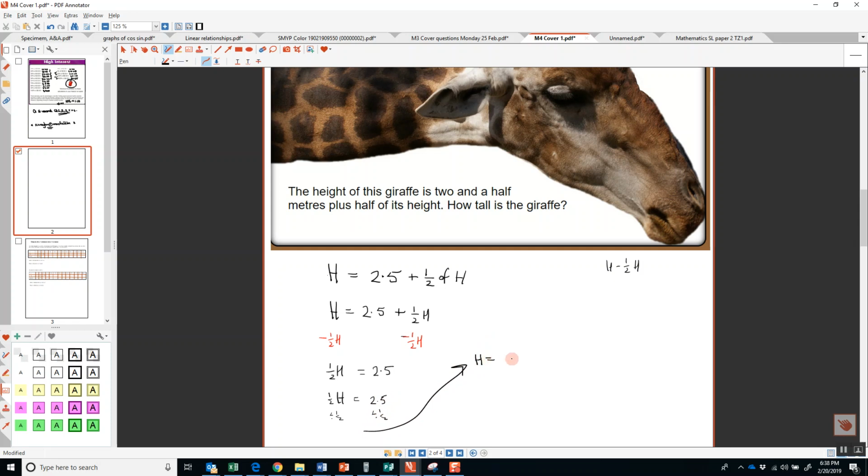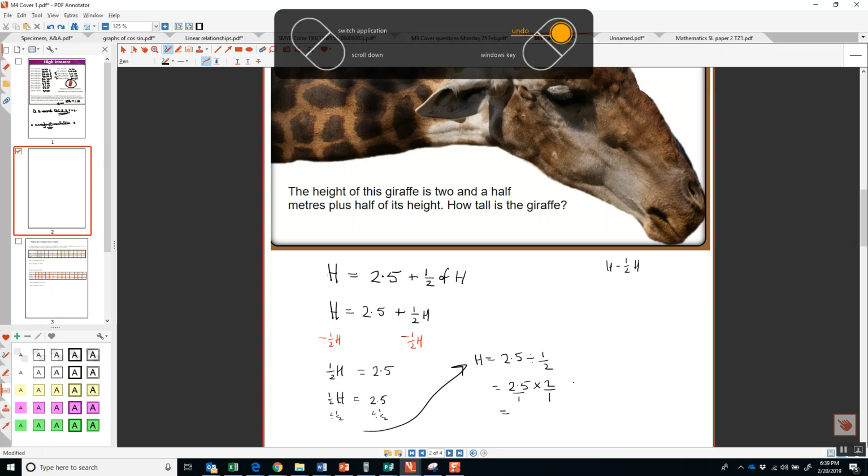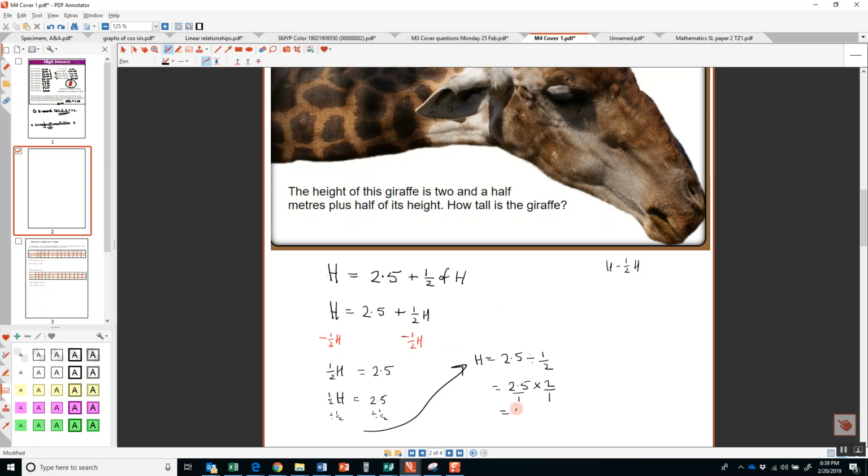So the height is equal to 2.5 divided by a half. Hopefully you'll remember, if you're dividing by a fraction, you change and flip. 2.5 times 2, remember this is still over 1. 2.5 times 2 is 5. So the height is equal to 5. Did anybody get it?